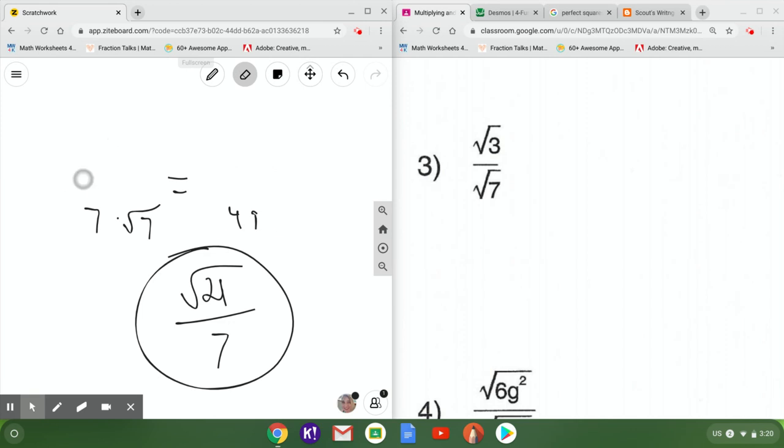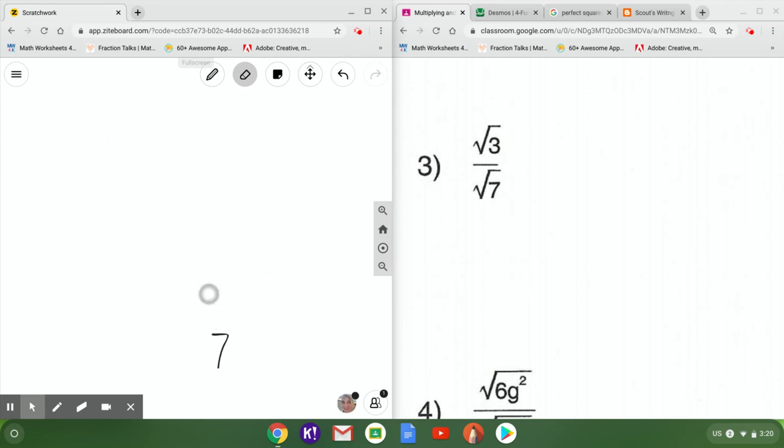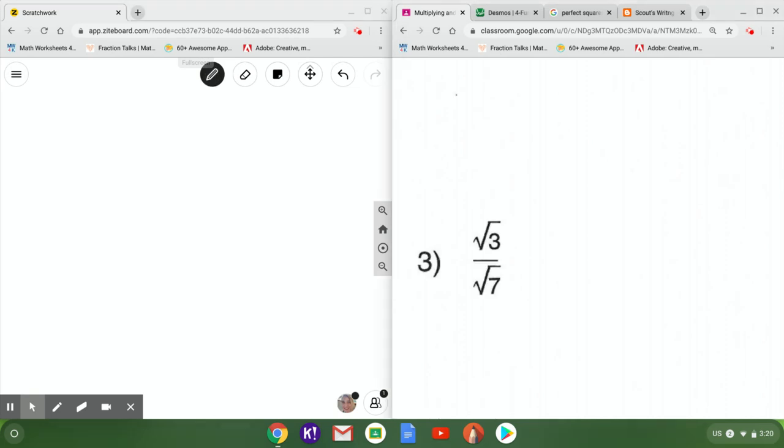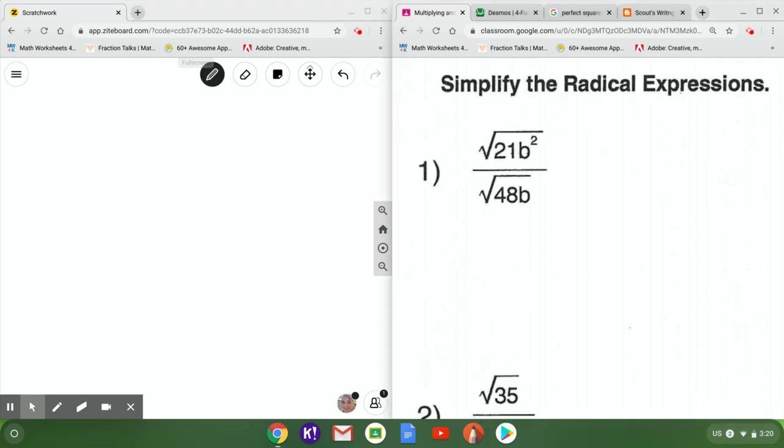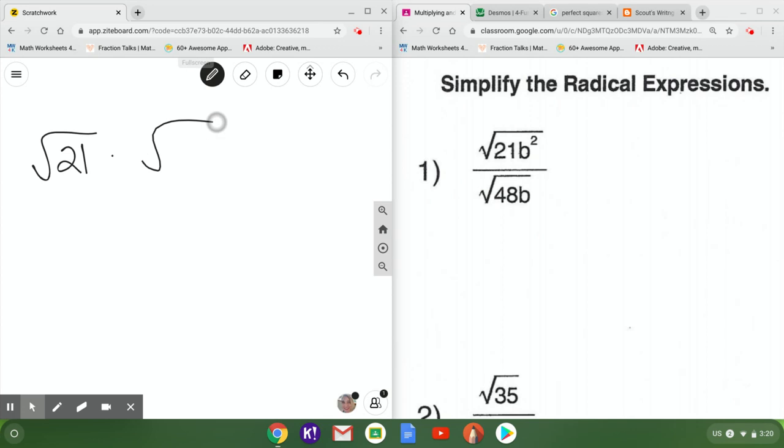Going back to the very first question, where it says square root of 21b squared over square root of 48b, well, I'm going to go ahead and break up that 21 into square root of 21 times square root of b squared.